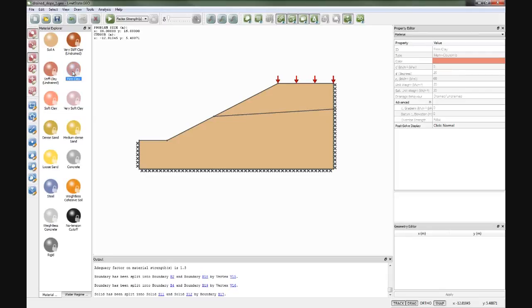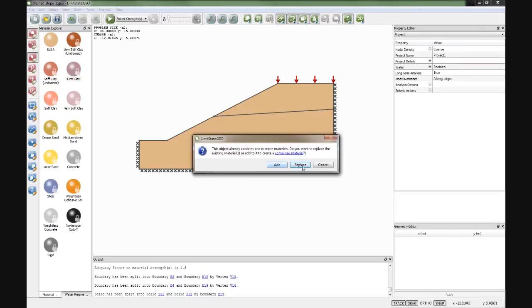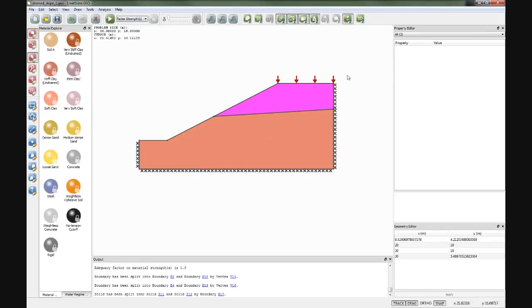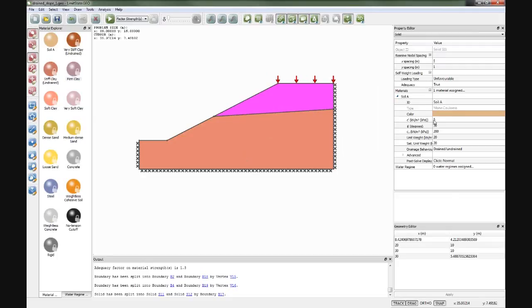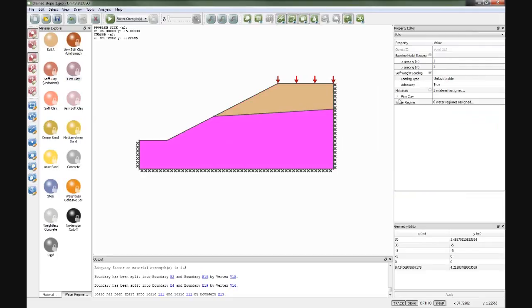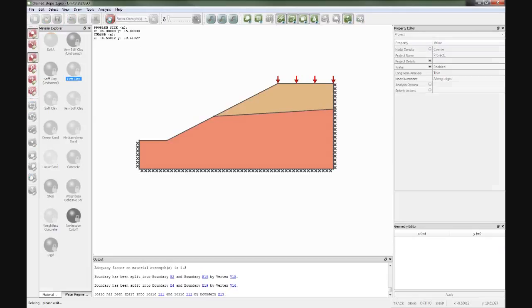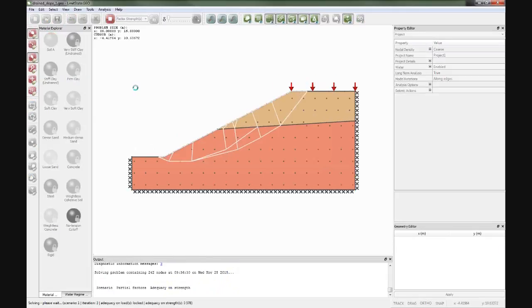So I'm going to grab this firm clay and stick it on the lower layer. Now, just to recap, the top soil has a C' of 5 and a phi of 30, and the soil below has a C' of 3 and a phi of 20, so it's weaker. So we should expect to get a lower margin of safety.